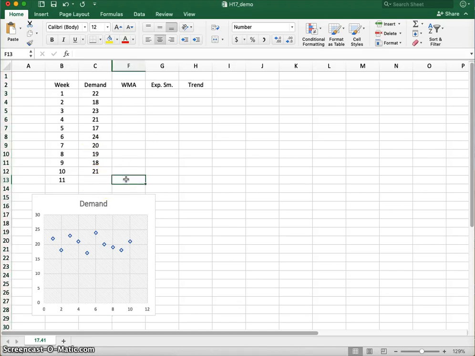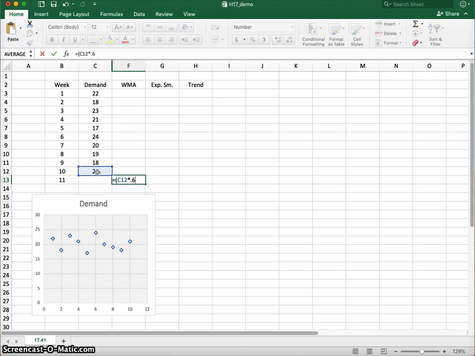And the weights are a matter of management decision based on experience. So let's say, for instance, we want all our weights to add up to 1. So we'll just say period 11 will equal, parentheses, period 10 times, let's say, 0.6.